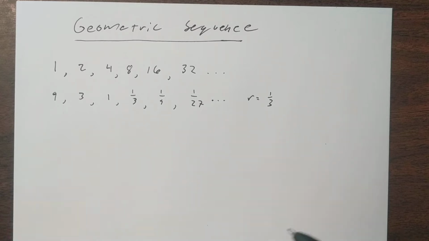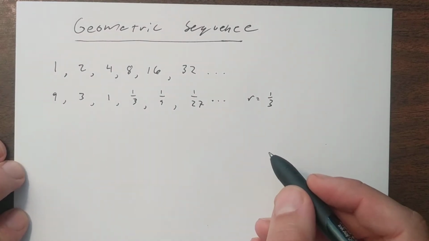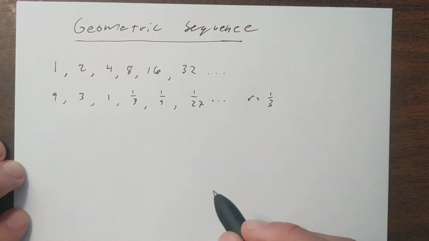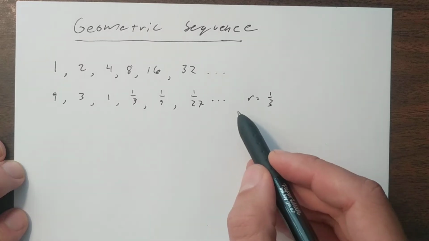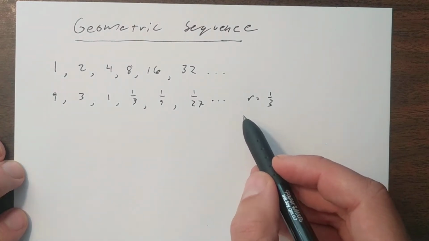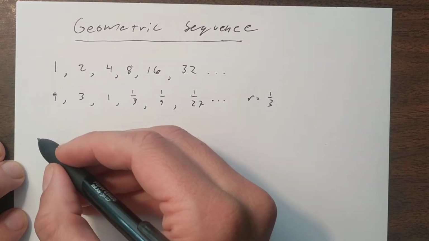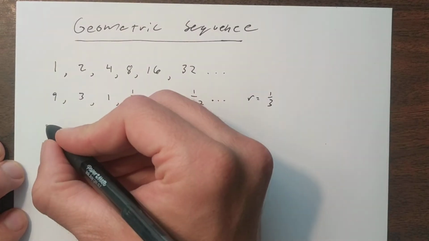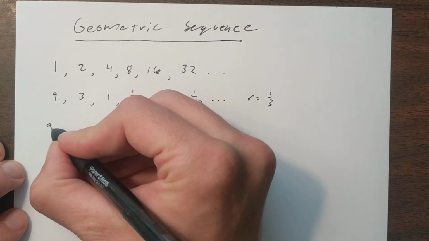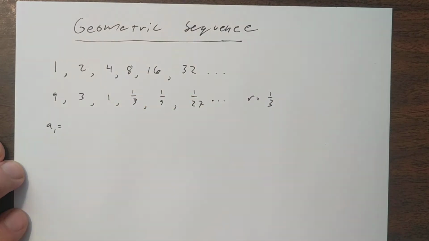First off, we should talk about notation. You can already see I've written my rate as R equals 1/3. We also write a sub 1, that's your first term.